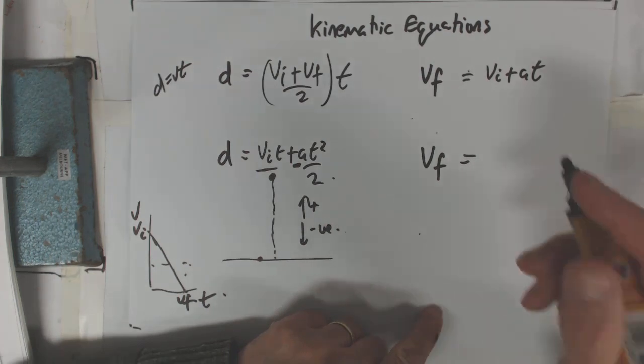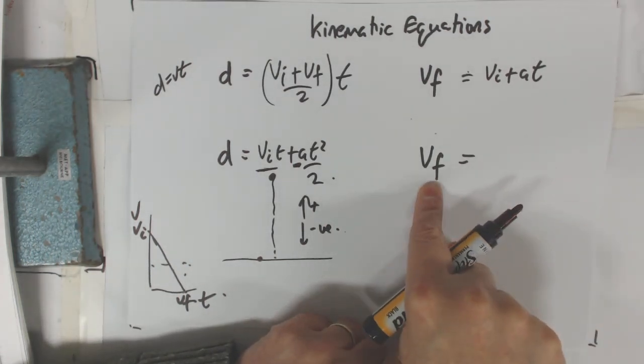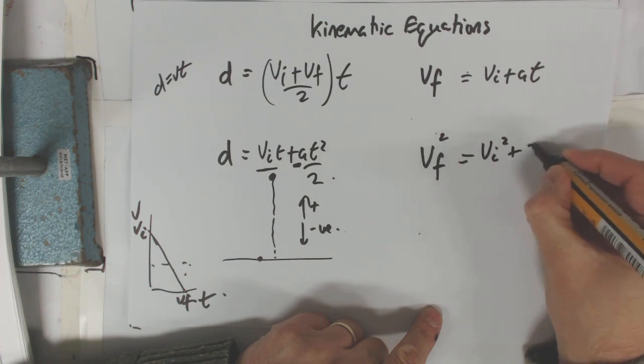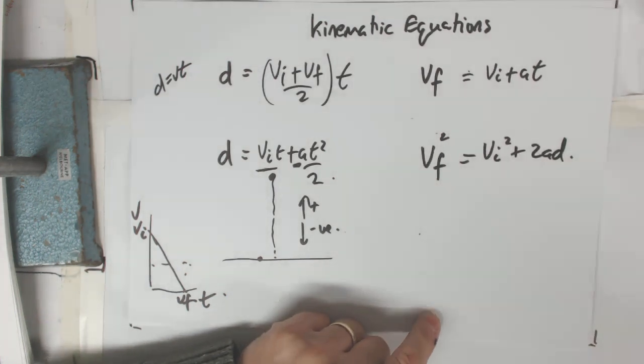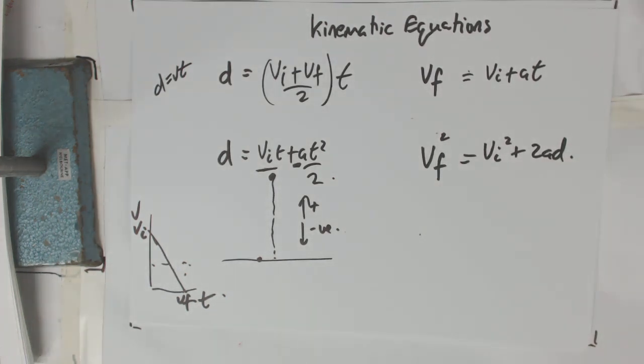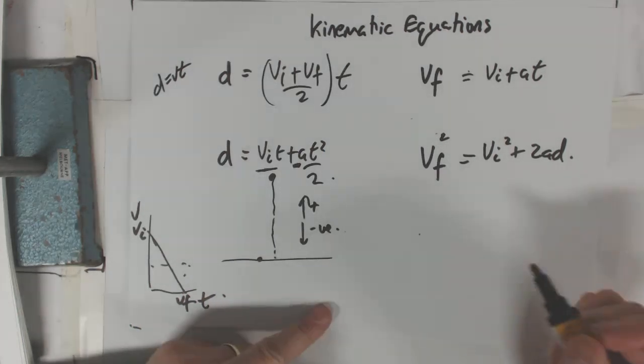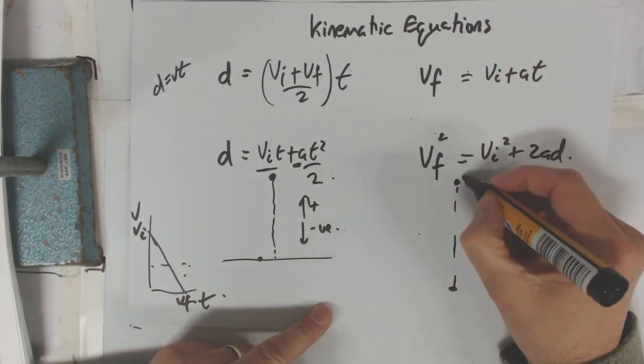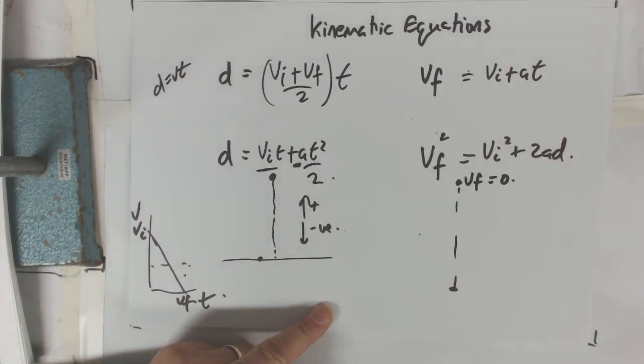Probably the most used one isn't just VF, it's VF squared equals VI squared plus 2AD. That one is very commonly used, because often in your problems, and we're going to be using these a lot in our projectile problems, say with a projectile, VF at the top is 0.